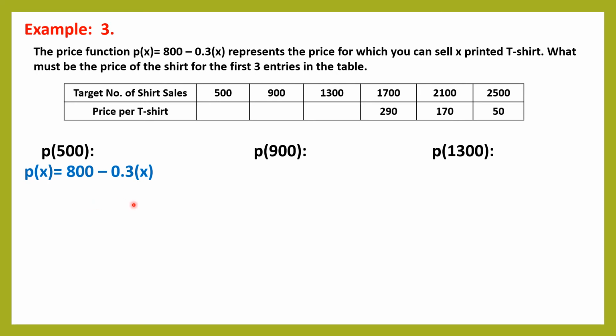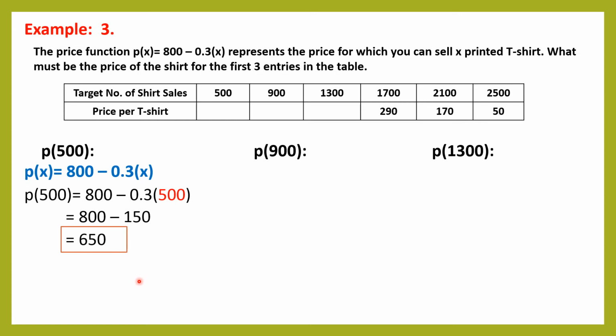Then, replace natin yung 500 sa x. So, we'll have here P of 500 is equal to 800 minus 0.3 times 500. Then, 800 minus 150. Kapag minultiply natin itong dalawa, that is 150. Then, subtract. Therefore, ang first entry natin ay 650. So, para sa 500, we will have here 650.